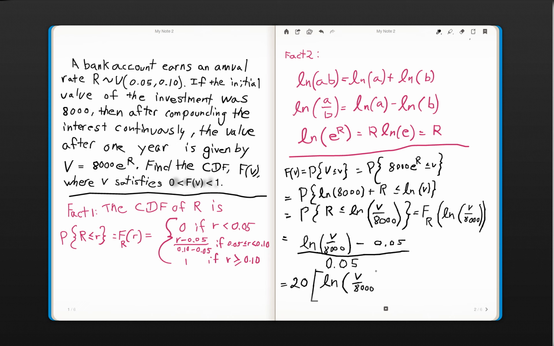And then we still have our minus 0.05 in the numerator, which is the final answer to this problem. Again, this is the CDF of V, where we're only interested in V strictly between 0 and 1, and this is the valid CDF for V strictly between 0 and 1.